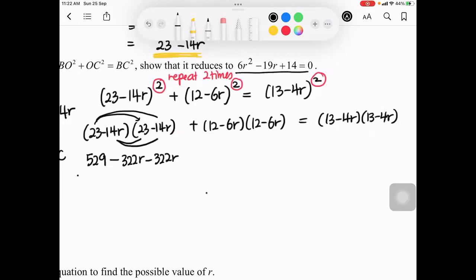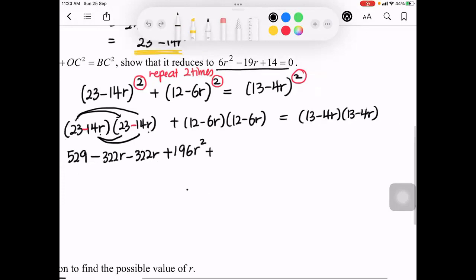Then this one is still minus 322R. Negative 14 times negative 14, plus 196, R times R, R to the power of 2. Plus, next one, 12 times 12, 144. 12 times negative 6, negative 72R.